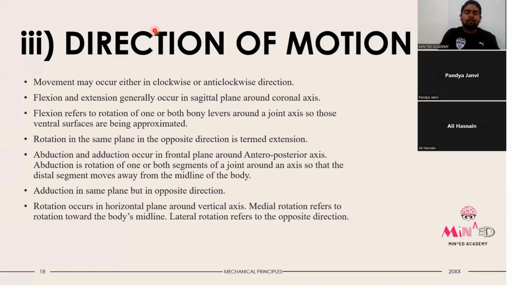From neutral, if you go away from the body, it is abduction. And if you come towards the body, it is adduction. Then if you go out, external rotation, and internal rotation, which is in the vertical axis and horizontal plane.